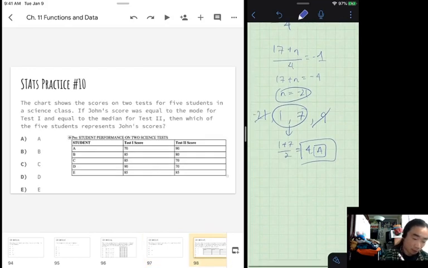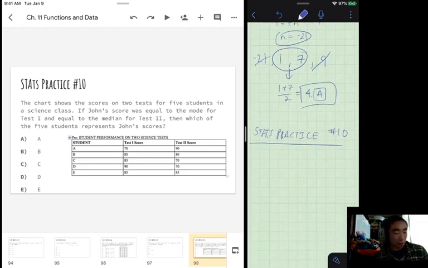All right, last one. Stats practice 10. This one has the mode appear. Remember, the mode is the number that appears the most.